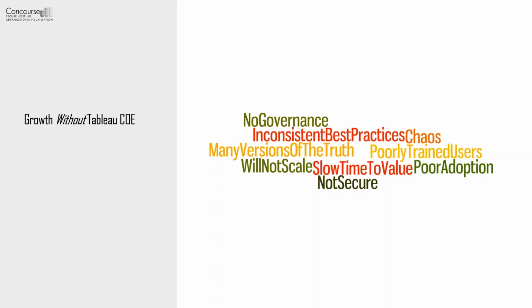So there's lots of wait time as well. Does time to value keep growing? So is there a slow time to adoption? Are users doing too much, or are they frustrated? Those things can happen too, and a lot of times that might be poorly trained or not fully oriented users.